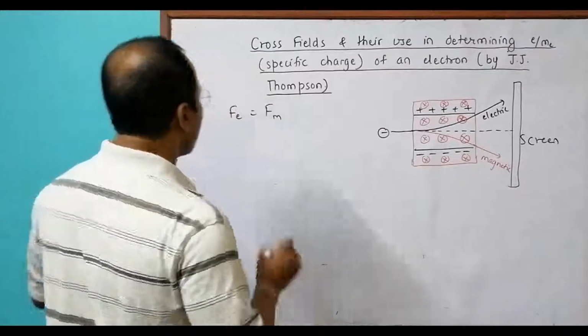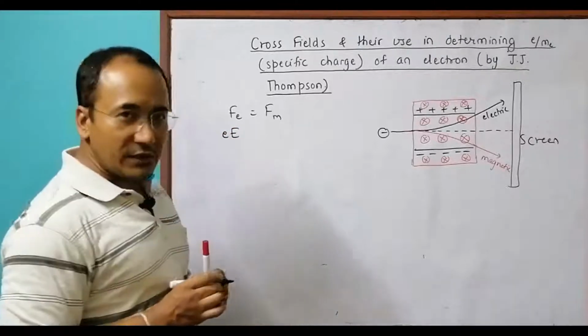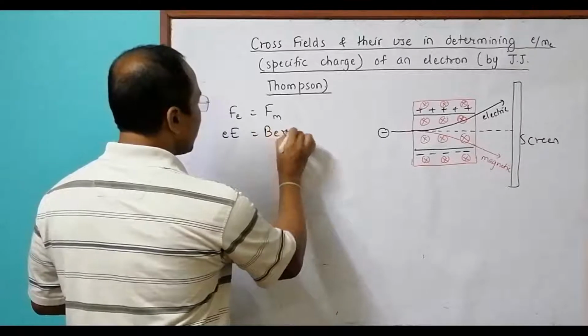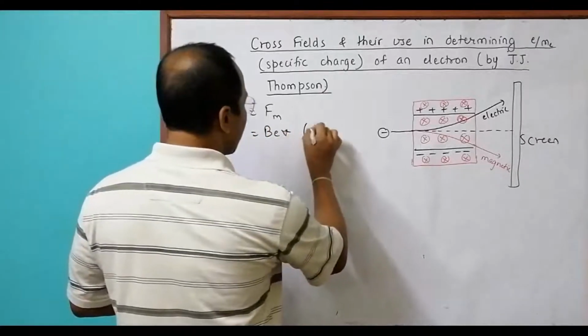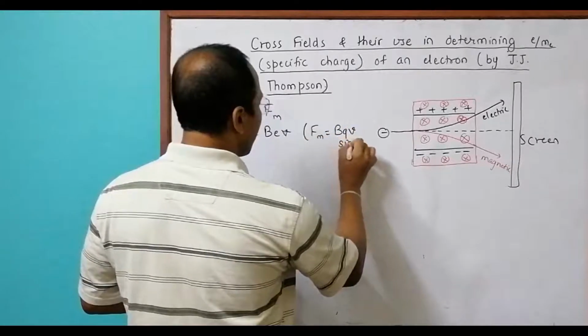So the electric force is equal to eE, where E is the electric field strength, V by d. This is equal to B e v, because Fm is equal to B q v sin theta.